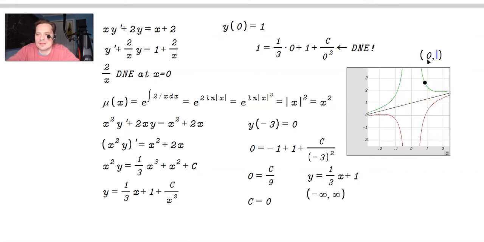You can write it down, 0 to positive infinity for that solution that goes through that point. If you want, for example, a piece of the solution going through this point right here, that's valid only on negative infinity through 0 because of the vertical asymptote. Whereas the black curve is valid on negative through positive infinity. So these are some of the major cases to consider when you are doing solutions to differential equations.